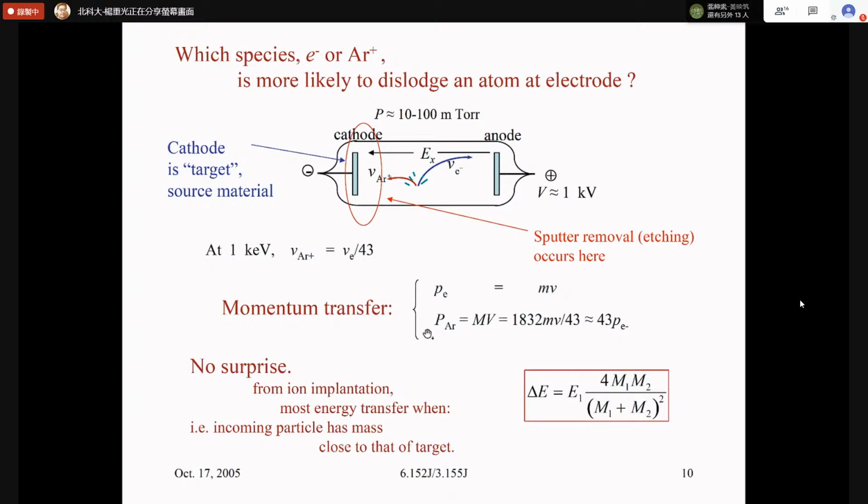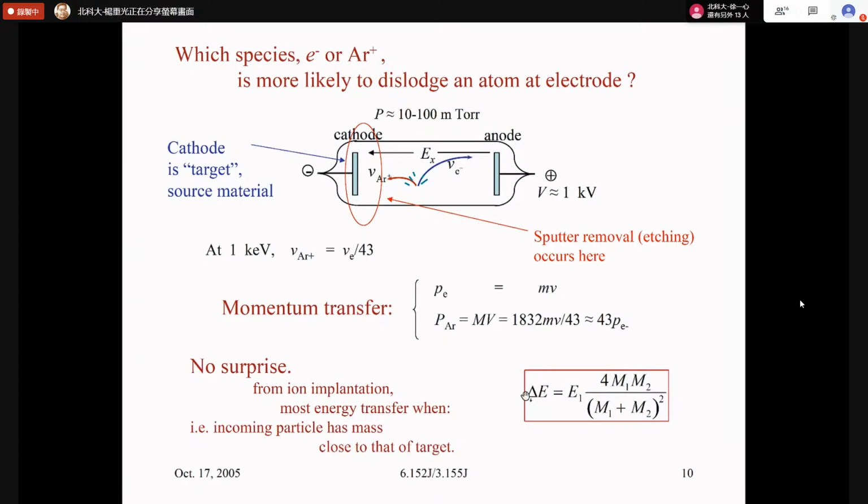That's the reason we prefer to use argon: it is more efficient because it has 43 times higher momentum than the electron.